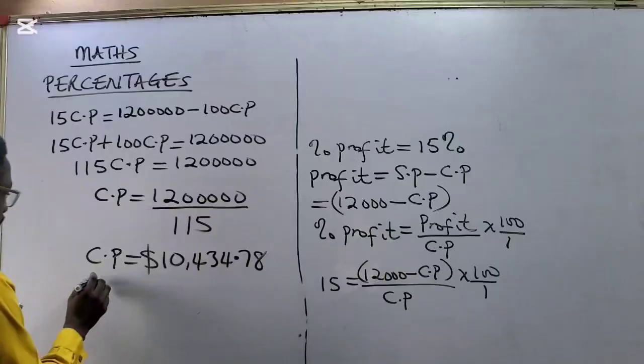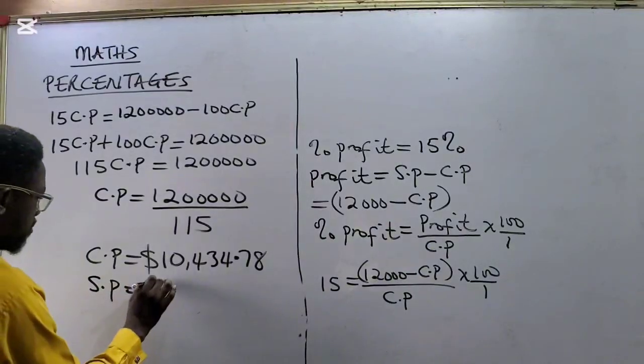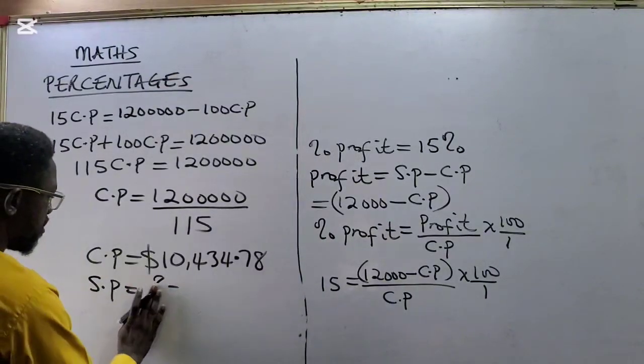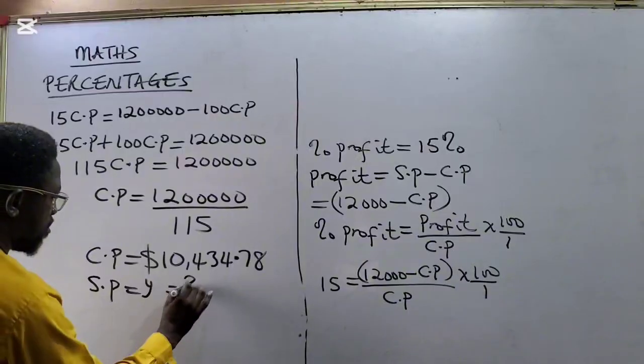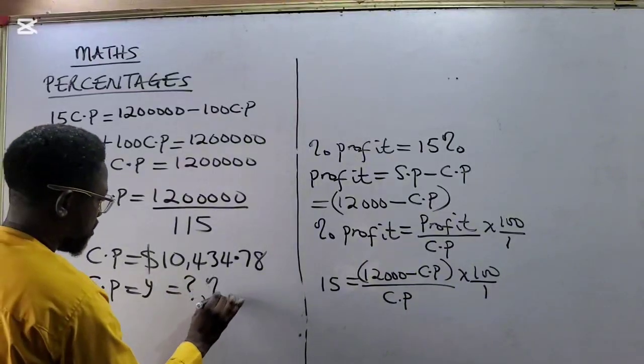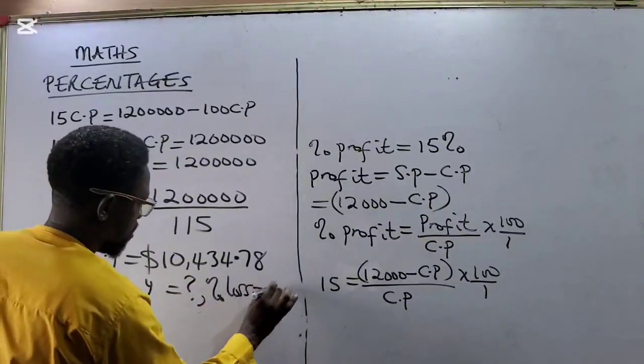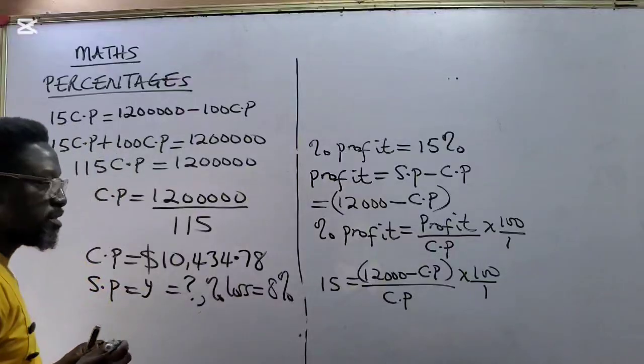So now we're looking for the selling price, which is Y. The percentage loss is 8%.